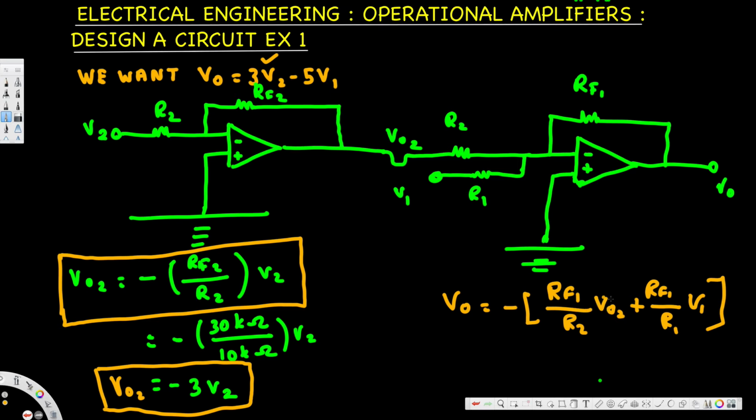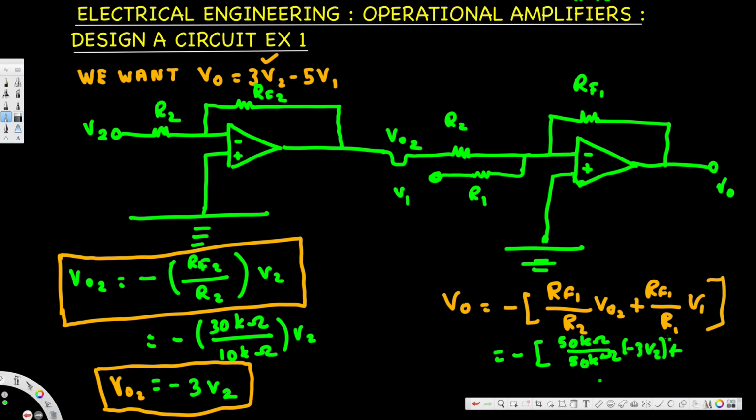In that way we will have negative 3V2 right here, then negative negative, that will turn this one into positive. So let's go ahead and see how we can do that. So this is going to be minus, and let's put the ratio 50-50. So 50 kilo ohm divided by 50 kilo ohm times VO2, that is negative 3V2.